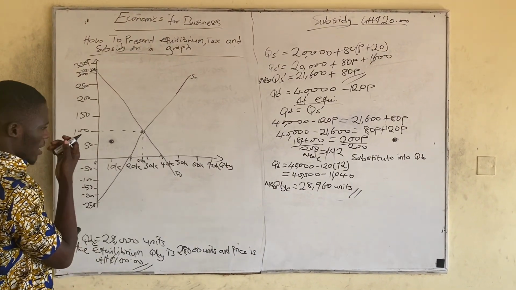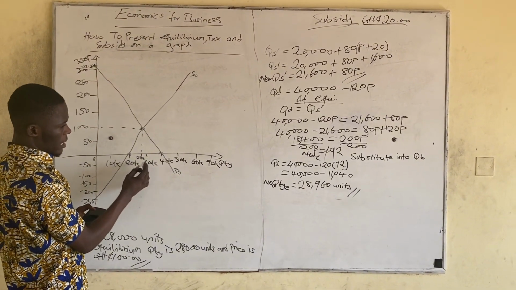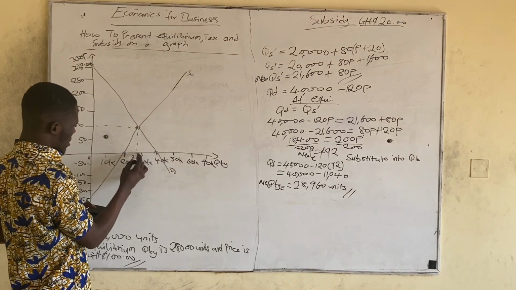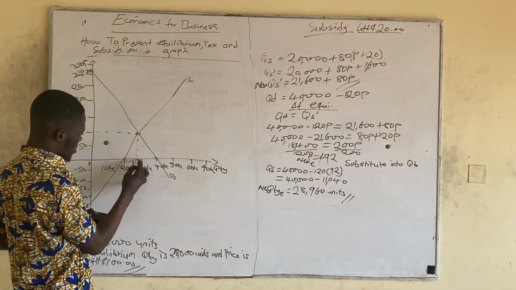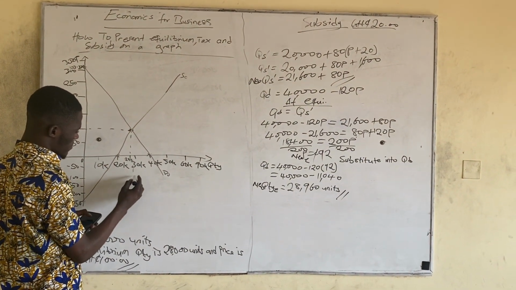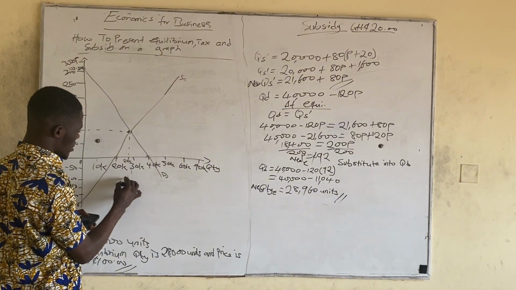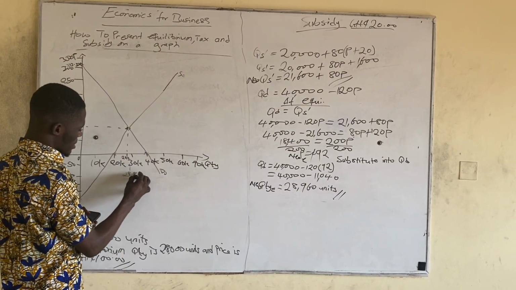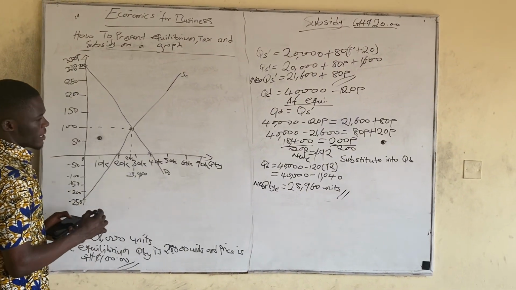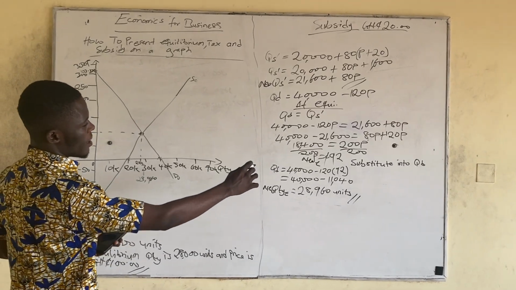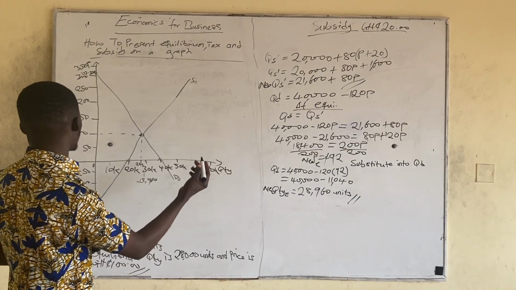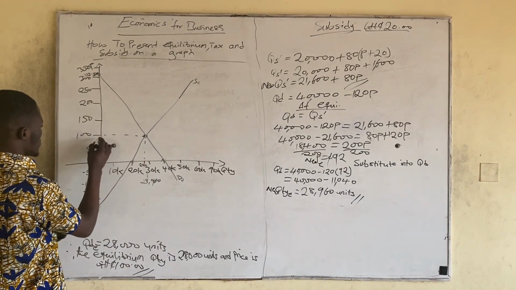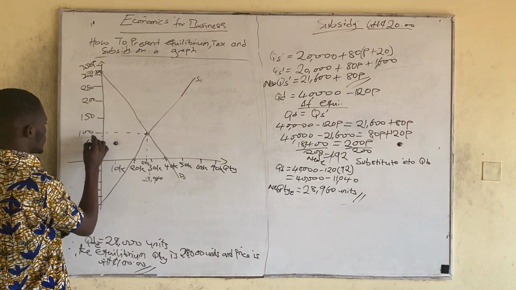So here we will find our quantity to be 28,960. That one will shift to this side. Then our new equilibrium price too is 92, so my 92 will be here.